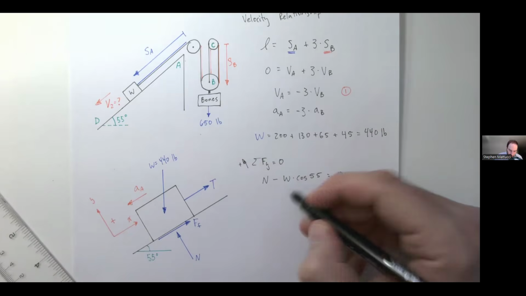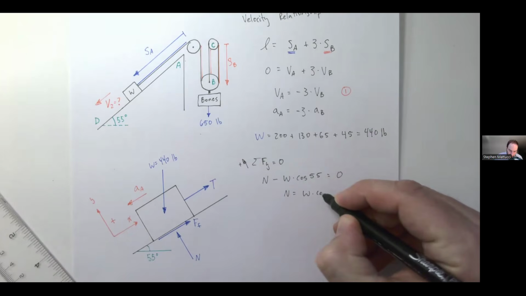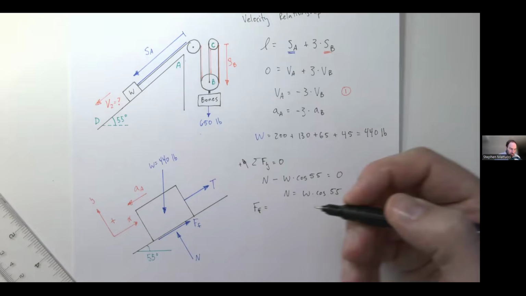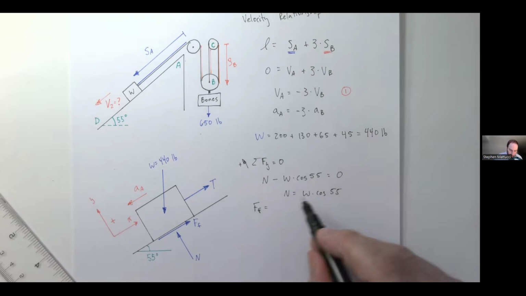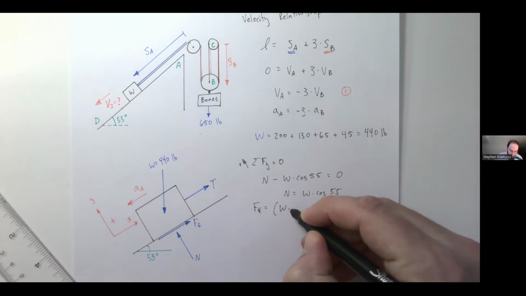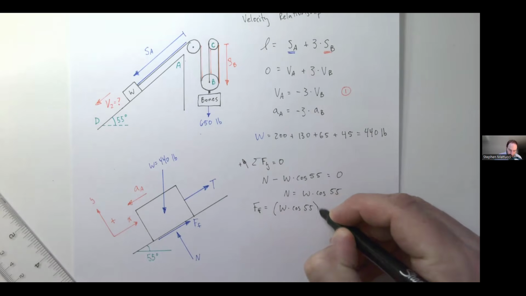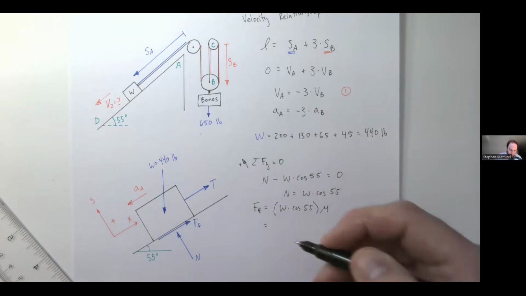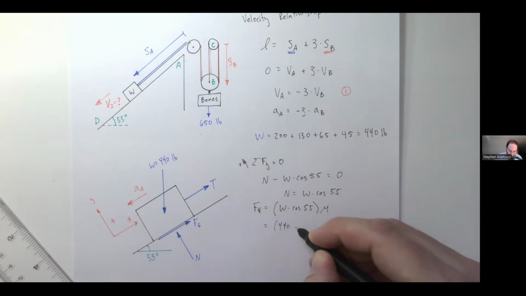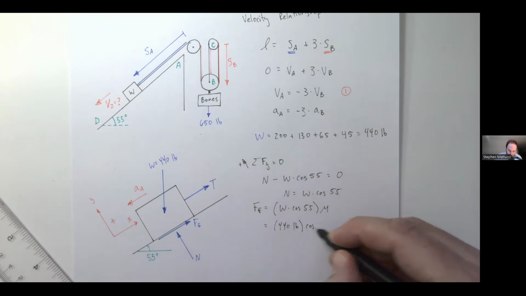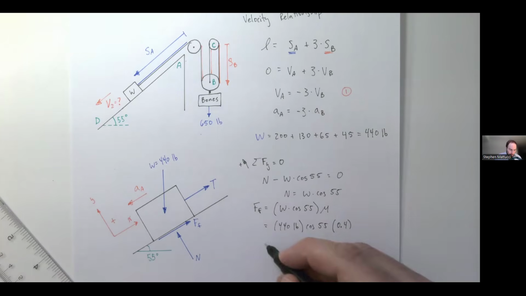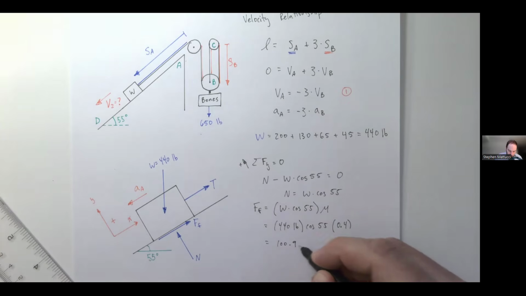And so if our normal force is then equal to W cos 55, we can then find what our friction force is, which is just going to be our normal times mu. So our normal here is W times cos 55, times mu. Now we can start subbing in some values here. 440 pounds, cos 55, 0.4, is 100.95 pounds.